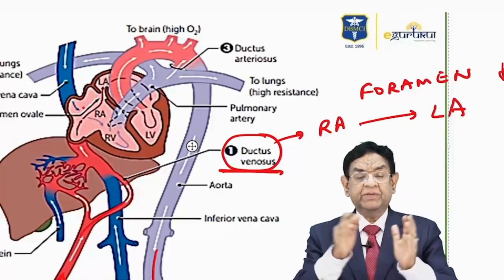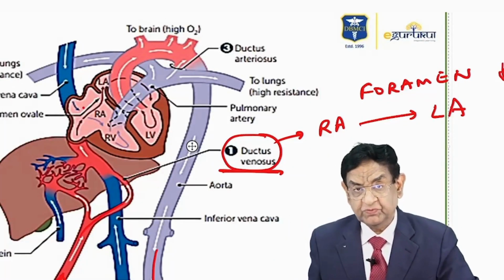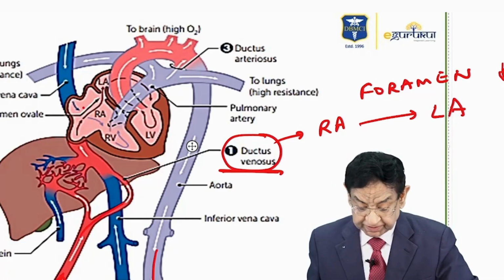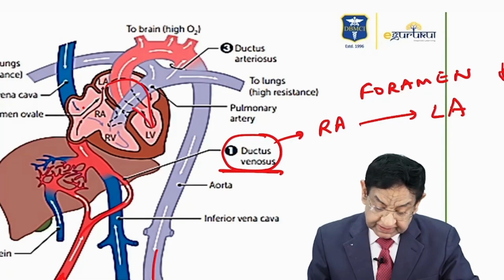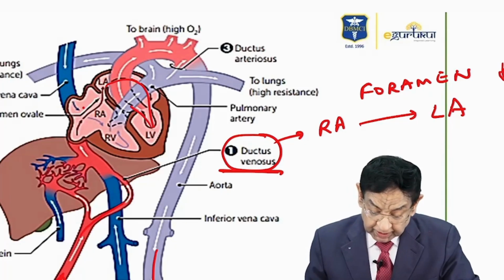This is the foramen ovale, the second bypass. Well, so finally blood comes from LA to LV, then it is supposed to go to the aorta.